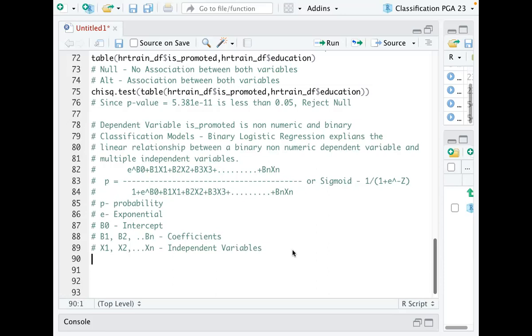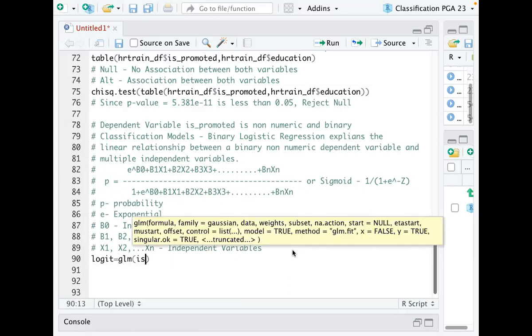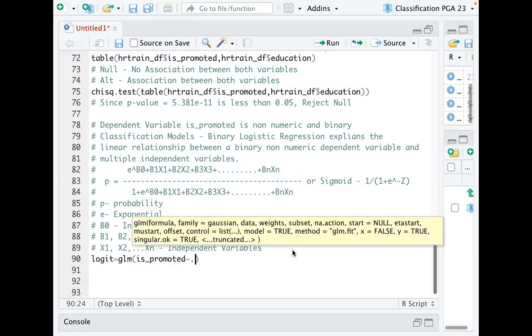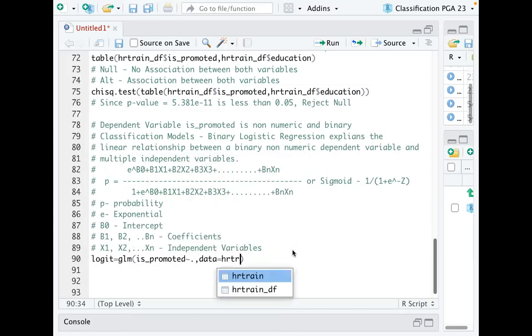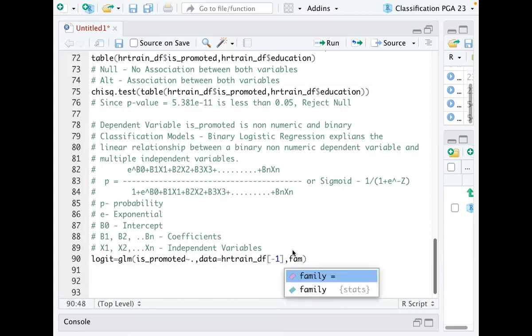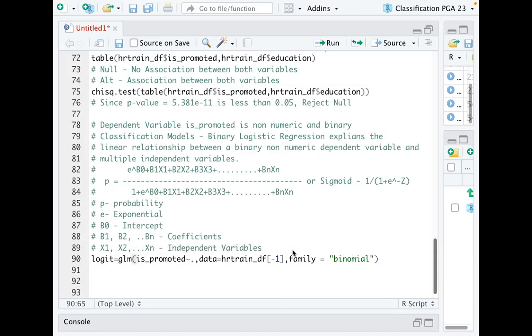Okay, so let us build the model. logit is equal to glm, generalized linear modeling, is_promoted tilde dot, comma data is equal to HR_train_DF square bracket minus 1, deleting employee ID, comma family is equal to binomial.